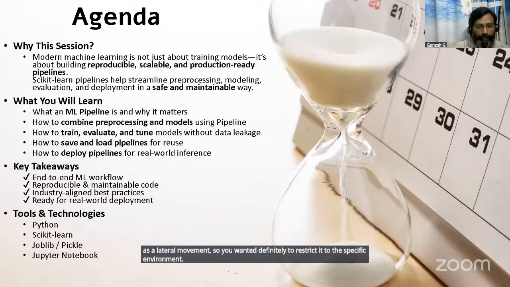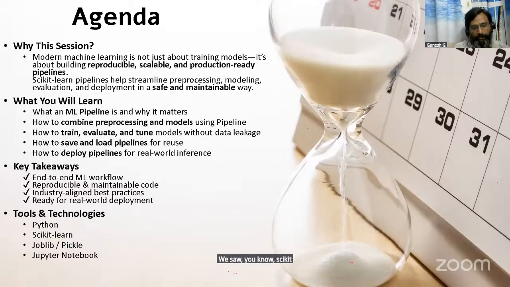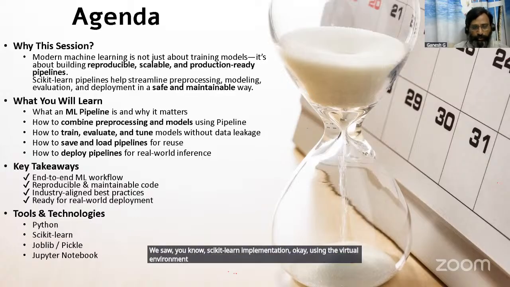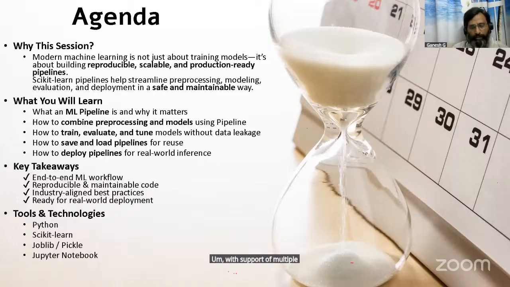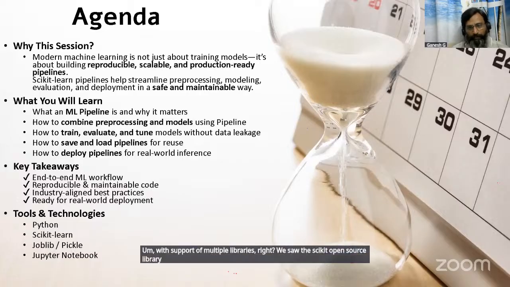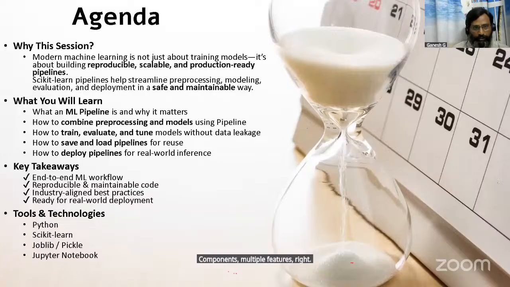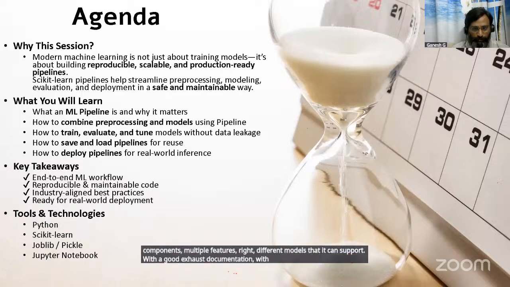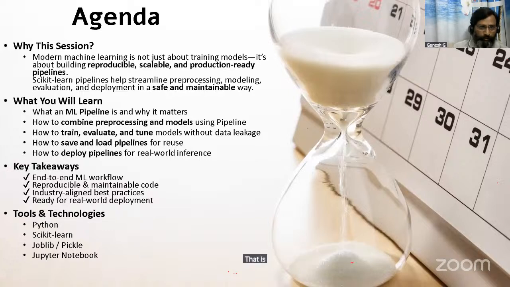We saw the scikit-learn implementation using the virtual environment, which is used to restrict within the given segment, with support of multiple libraries. We saw the scikit open source library offering multiple components and features, different models that it can support with good exhaustive documentation and good community support. We also had a demonstration on that.